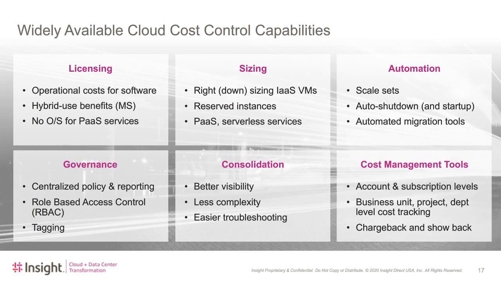There's lots of ways that you can control costs. They range from optimizing your licensing, right-sizing what you're using in cloud, automation, governance, putting into play the good foundational governance that's required to make sure that your cloud grows in a way that's planned and repeatable and reportable and supportable over time.